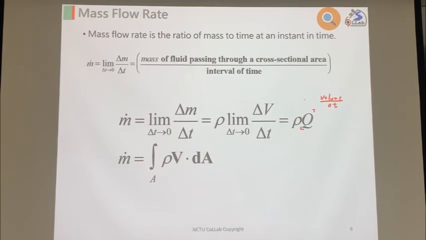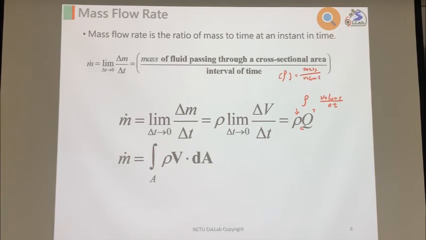If we multiply Q by the density, what is the density? The unit of the density is mass divided by volume, right?